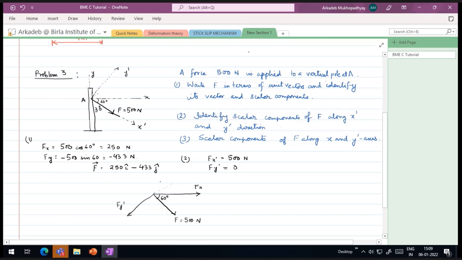This is 60 degree. This is 90 degree. So this is 30 degree basically. Now, how will I find it out? Can someone tell me?